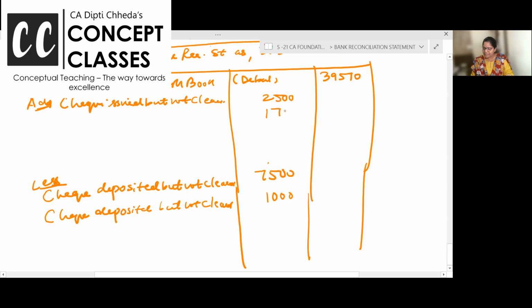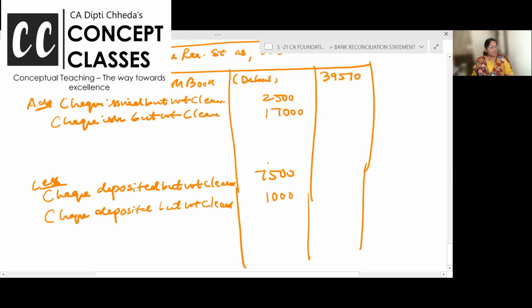So remaining 17,000. See, read the language. Is 3,000 pending or did 3,000 get cleared? 3,000 got cleared. So only 17,000 didn't get cleared. So when I issued, bank account credit, now bank account debit. Check issued but not cleared.